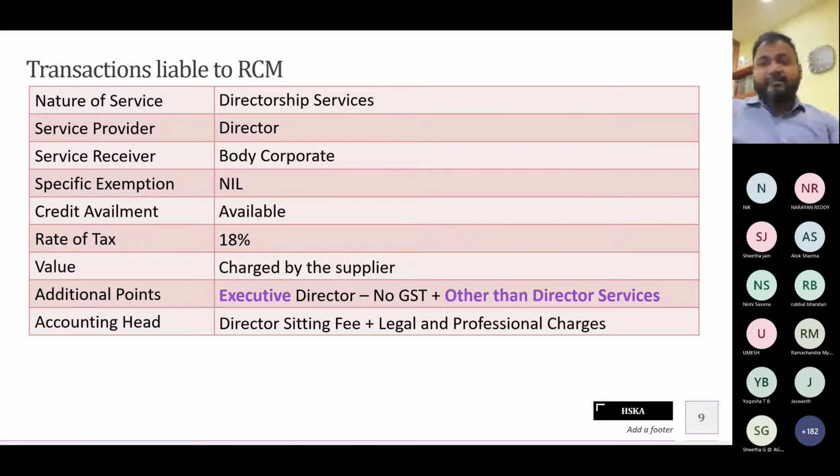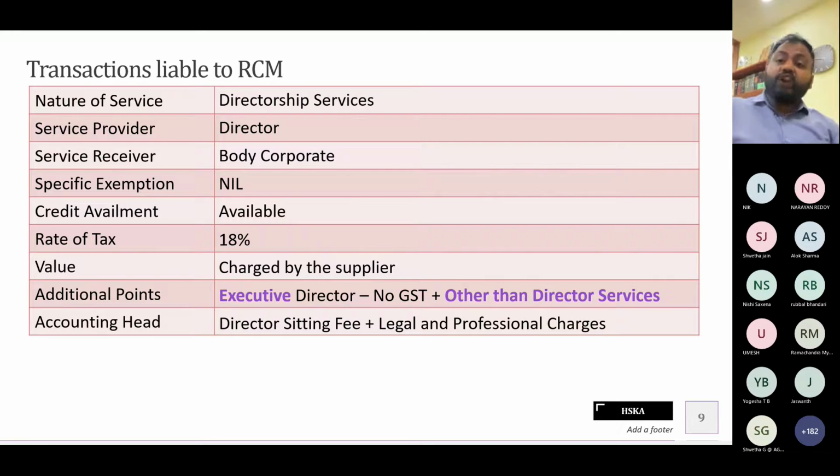Okay. Plus, if the director, not in his capacity as a director, is providing any services to you. Example, he's a professional, he gives an opinion to you, or he's an architect, he gives some architect services to you, or the property where you have taken your office belongs to the director and you're paying him rent.